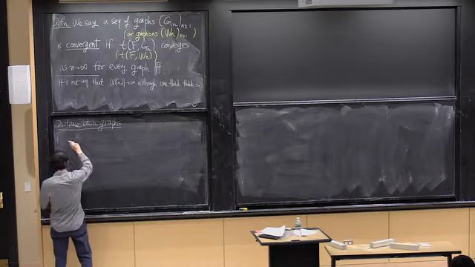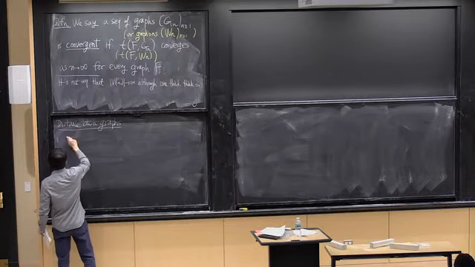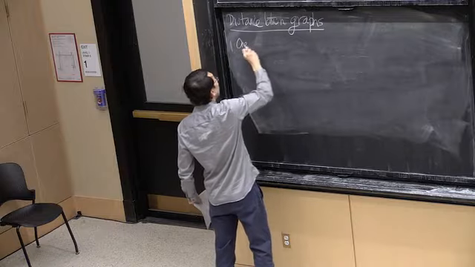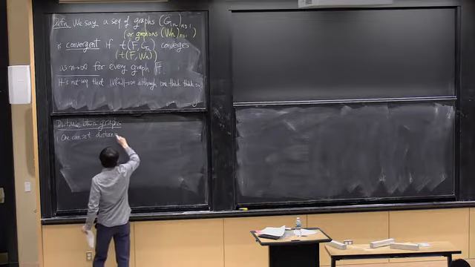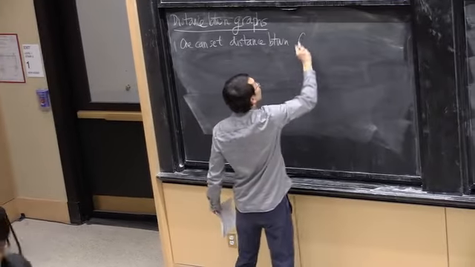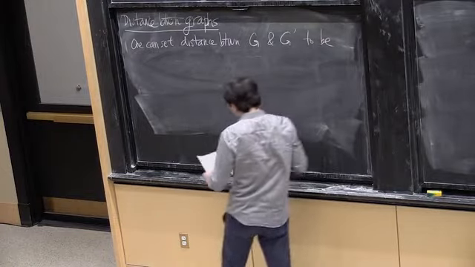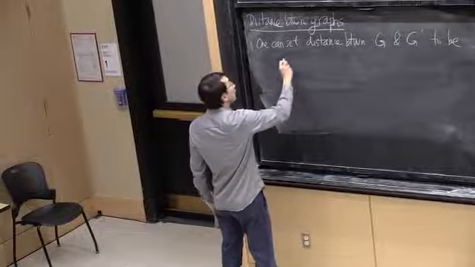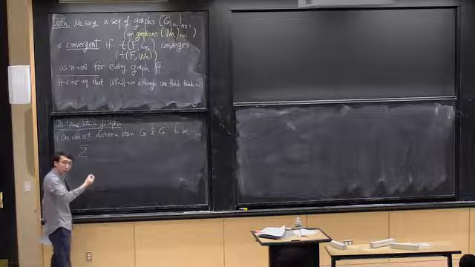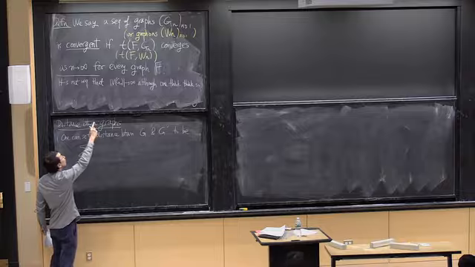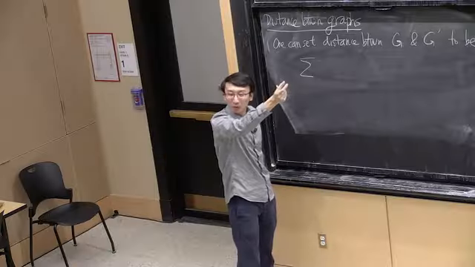I can convert that definition to a metric by setting the distance between two graphs G and G prime to be the following quantity. I would like the distance to go to 0 if and only if the homomorphism densities are all close to each other.